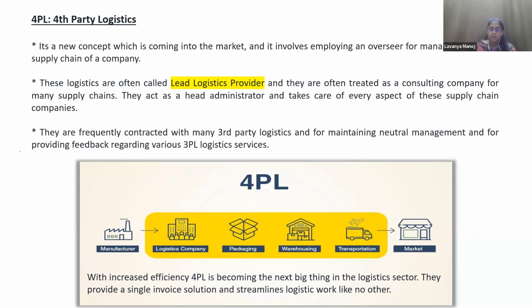Okay, he doesn't know. So in this case, what he can do is contact the lead logistics providers, that is, the 4PL parties available in Thrissur or Kollam or Kottayam or Alappuzha, wherever. These 4PL parties will have a list of all the 3PL providers in the local market.